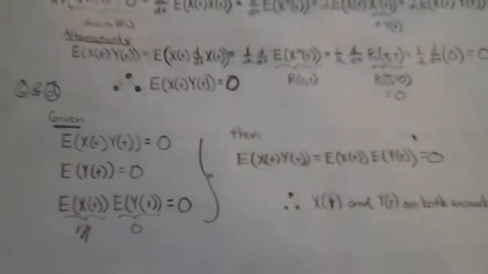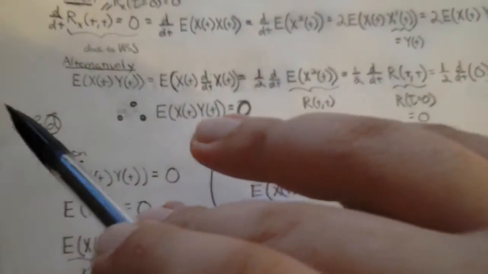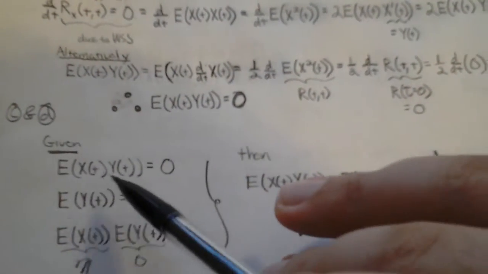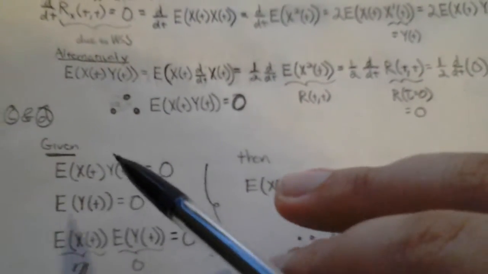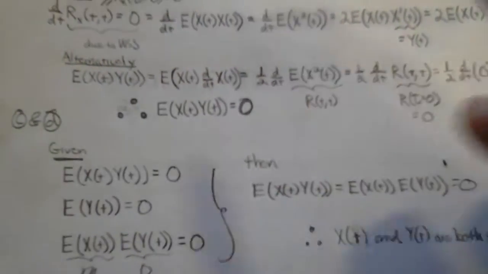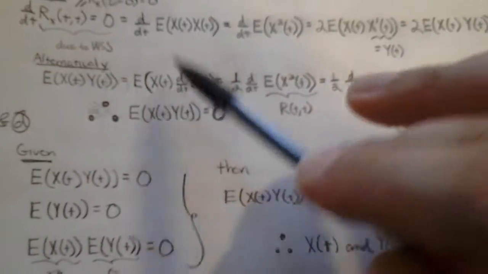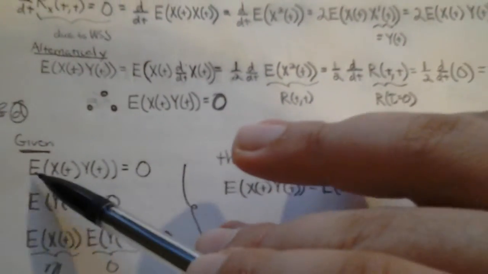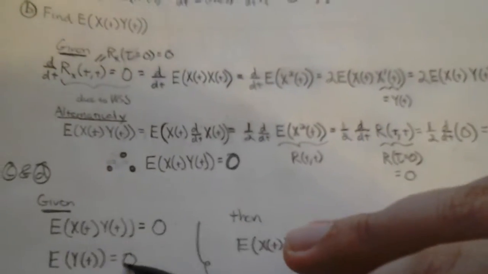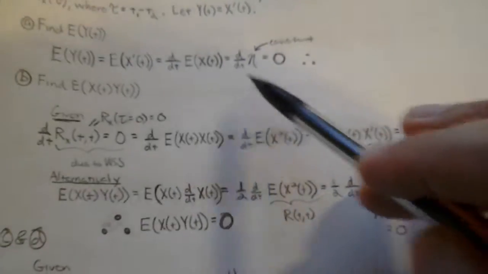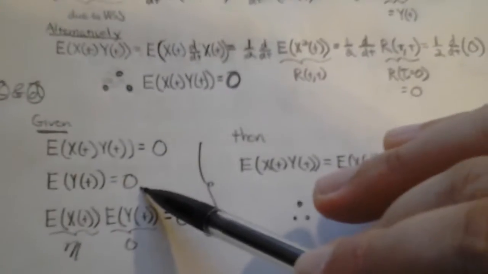Finally, we're asked in parts C and D, which I combined right here. C asks us if x and y are uncorrelated, and D asks us if they're orthogonal. Based on what we worked out up here, we have the given that this term is equal to 0. This term right here, which we got from part A, is equal to 0.